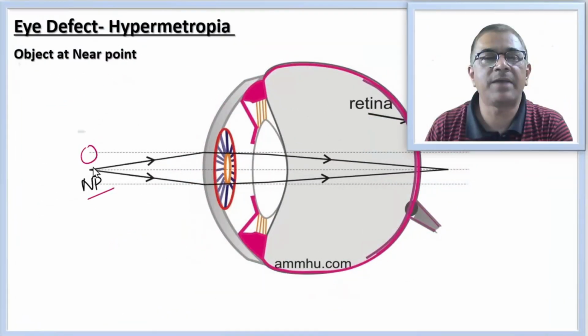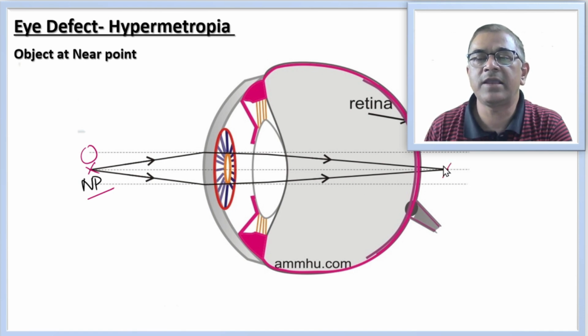When the object is kept at the near point, the eye lens system is unable to focus the rays at the retina. In fact, the rays converge behind the retina, and hence this person suffering from hypermetropia will not be able to see this object with clarity.